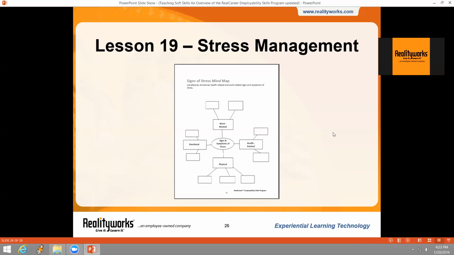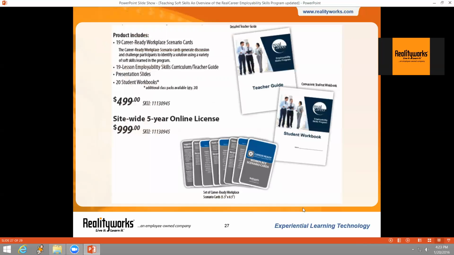So now that you've learned about the 19 lessons that are part of the RealCareer Employability Skills Program, let's talk a little bit more about the other components to it. First of all, those 19 lessons are in the teacher guide. You will also get student workbooks, and there are presentation slides that go along with the teacher guide, and then there are also workplace scenario cards.